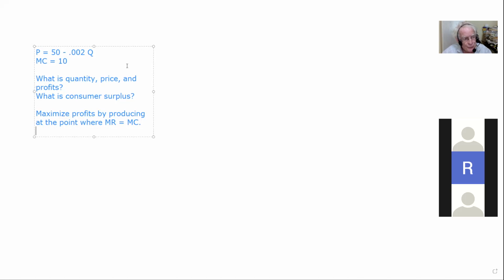We already have marginal cost, but what is marginal revenue in this case?